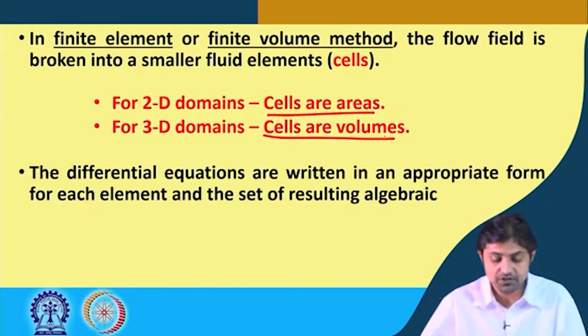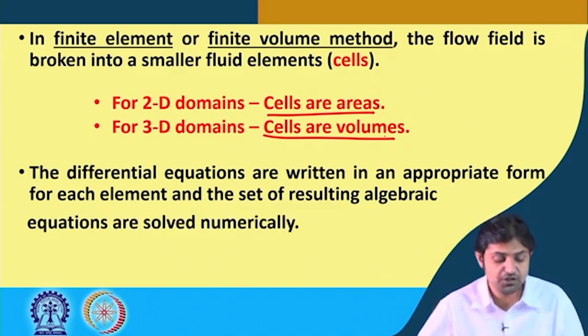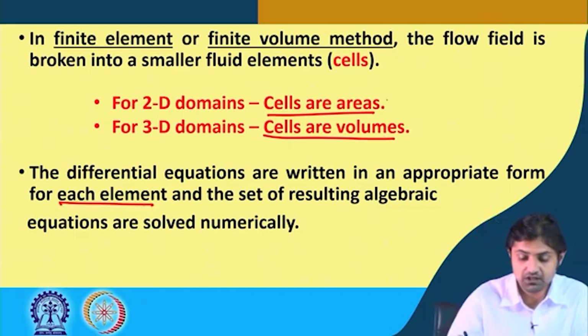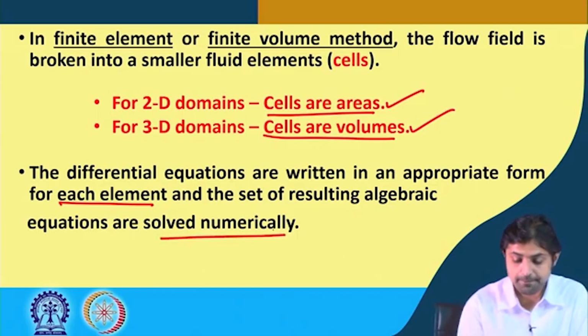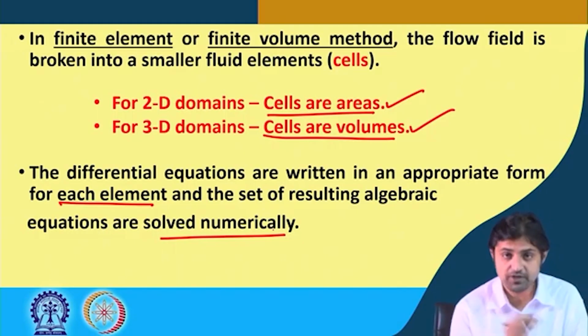So, the differential equations are written in appropriate form for each element, and the set of resulting algebraic equations are solved numerically. So, we write this equation for each of these elements. If there are 1000 elements, we write 1000 equations and we solve it numerically.